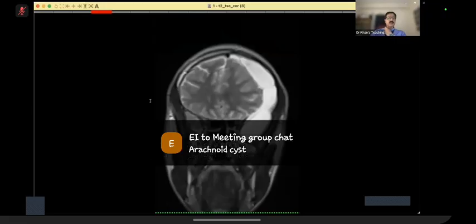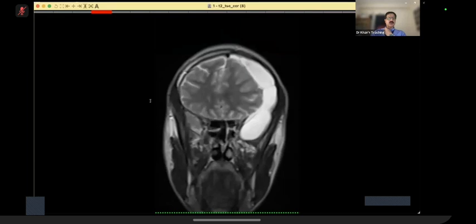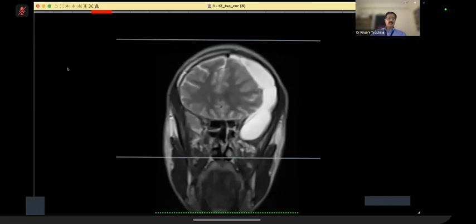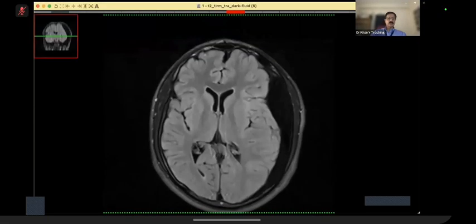Some people have said arachnoid cyst with chronic subdural hematoma, hygroma, and ruptured arachnoid cyst with subdural hygroma. Okay, so this is an arachnoid cyst. It's a simple arachnoid cyst. Let me go through it.